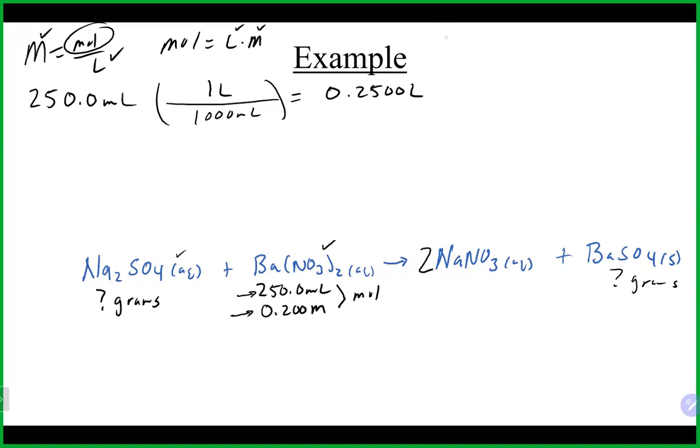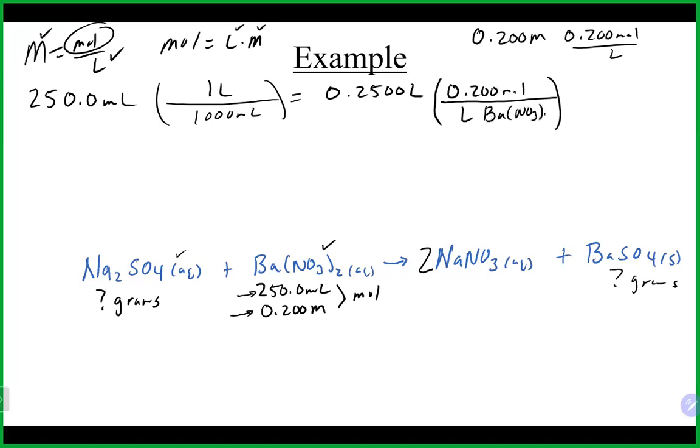Once again, when I see something like 0.2 molar, that is the same thing as 0.2 moles per liter. So I'm going to use it as a conversion factor so that I can clearly see where the units are. So 0.2 moles per liter, and this is our barium nitrate we are dealing with right now.